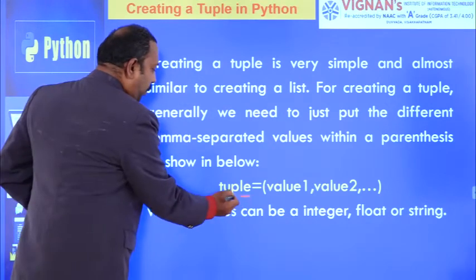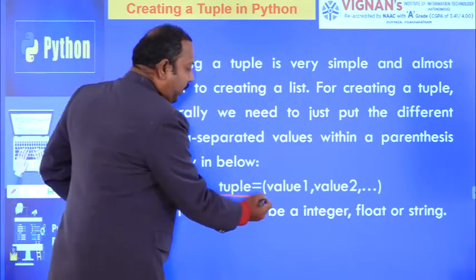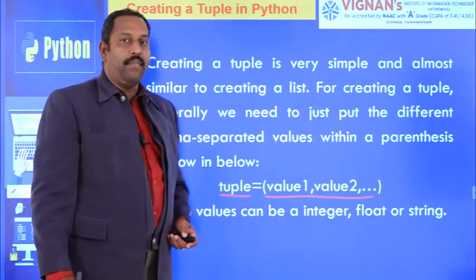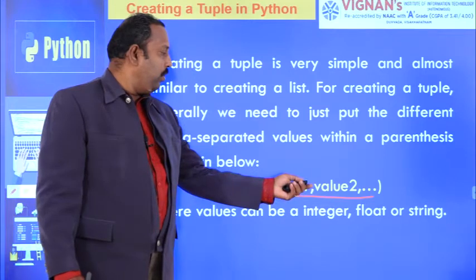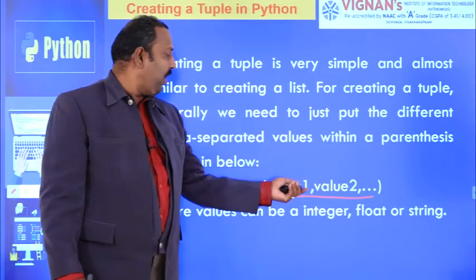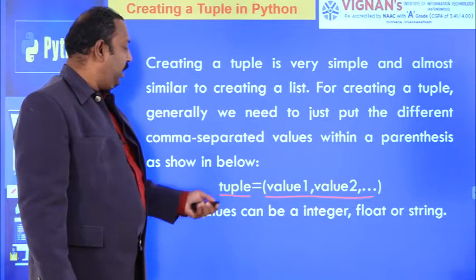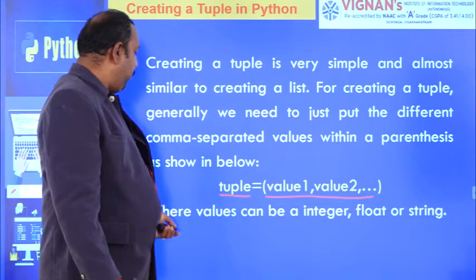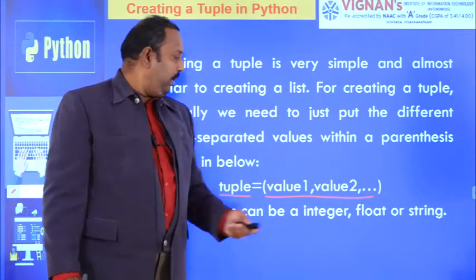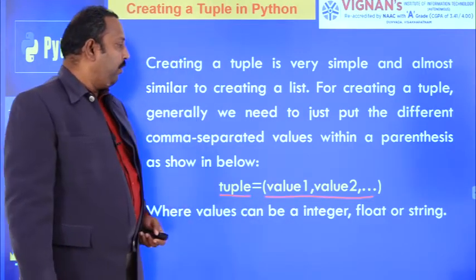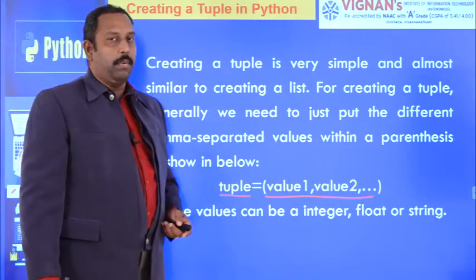Here we use a tuple variable, and in the parentheses we specify the set of values: value 1, comma, value 2, comma, value 3. Each value must be separated by a comma. This is the syntax of creating a tuple in Python, where values can be any integer, float, string, any type of data.